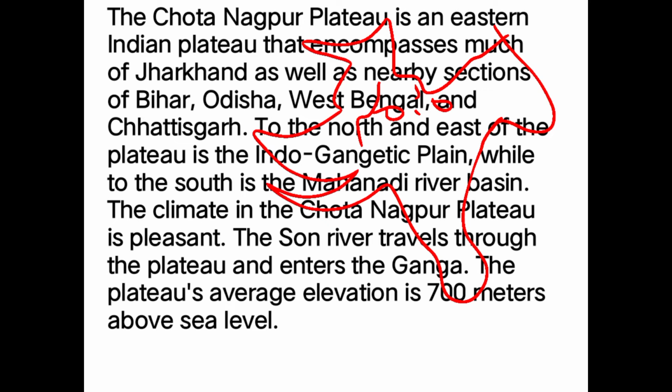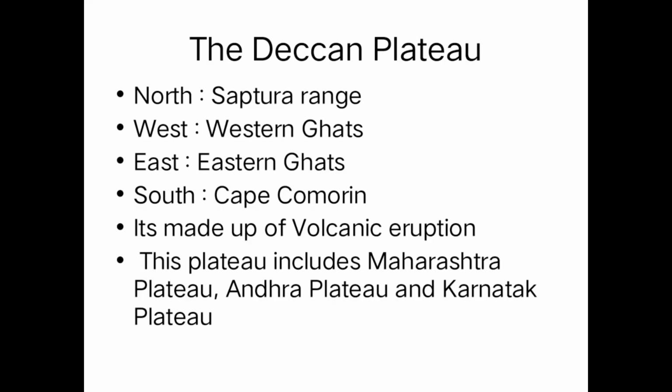Here, very rich mineral deposits can be noticed. It covers the areas Jharkhand, Bihar, Odisha, West Bengal, Chhattisgarh. Minerally very, very prosperous, it is a gifted land of the Indo-Gangetic Plain. The climate of the Chota Nagpur Plateau is very pleasant. The Son River travels through the plateau and enters the Ganges. The average height of the plateau is 700 meters above sea level.